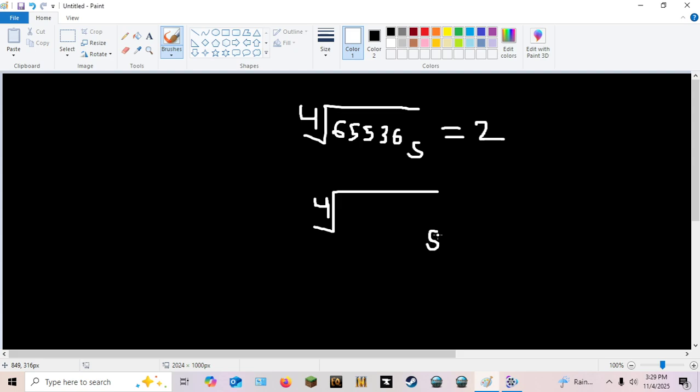It's going to give us a large exponent. I'm just going to make the root like this large.